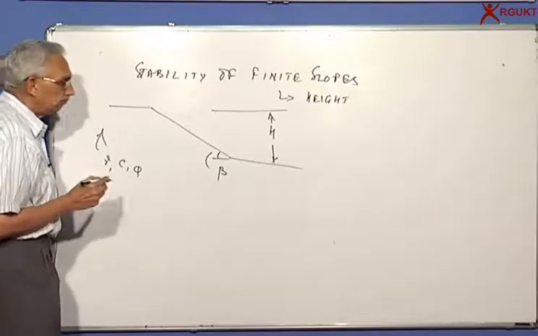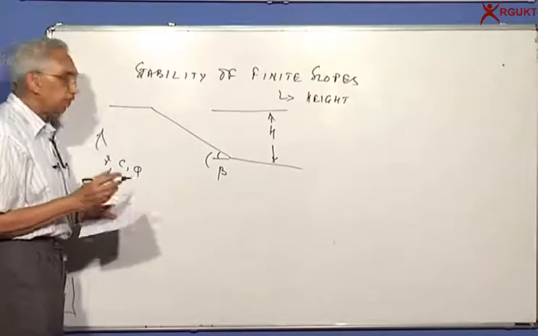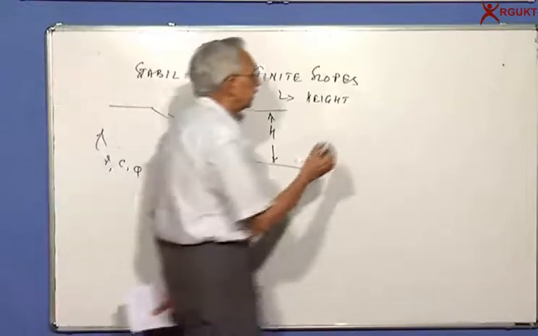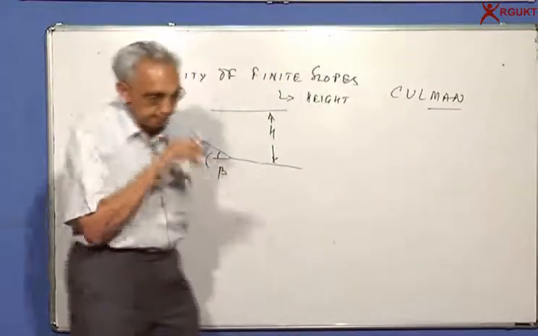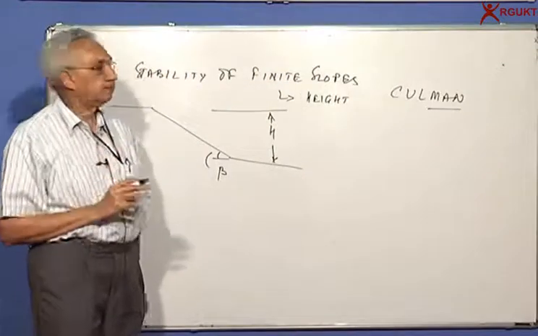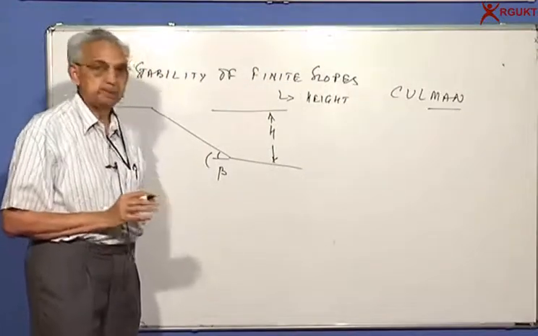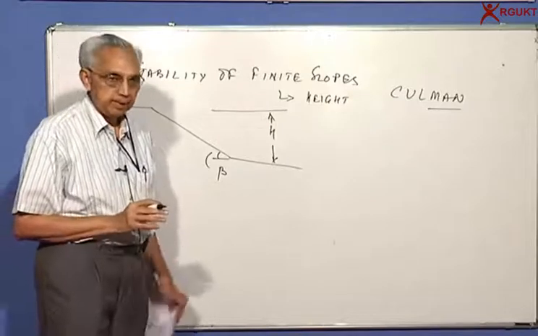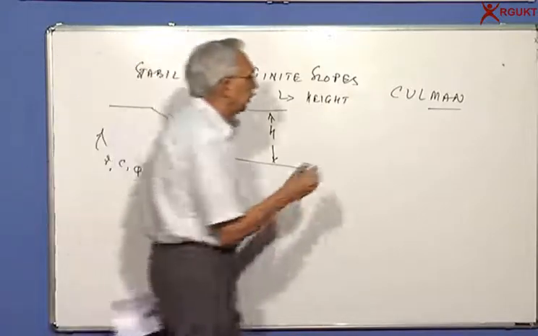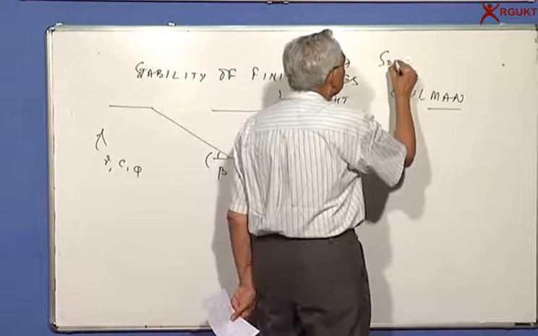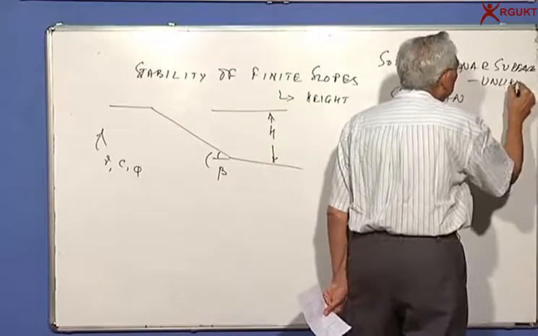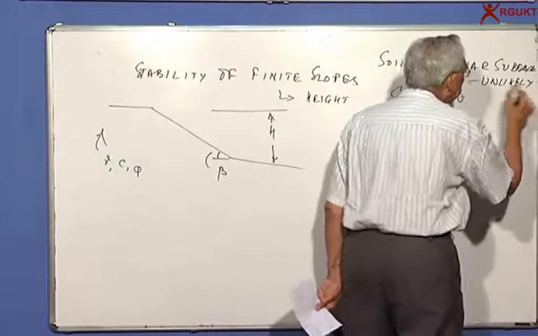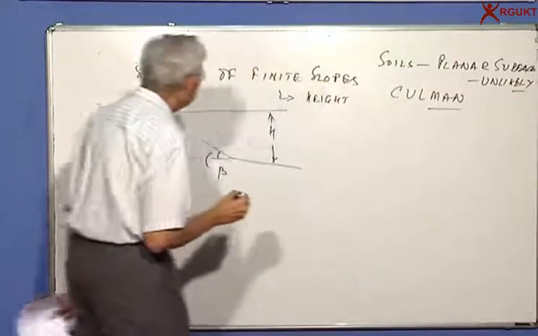One of the simple methods, which was proposed a long time back by one Mr. Culmann, we'll discuss this to illustrate the mechanics and the method of calculating. We do not expect failure to be planar, particularly in soils. Planar surface is very unlikely, but it illustrates how the method can be used to calculate.